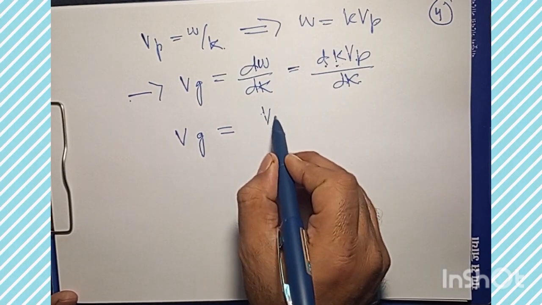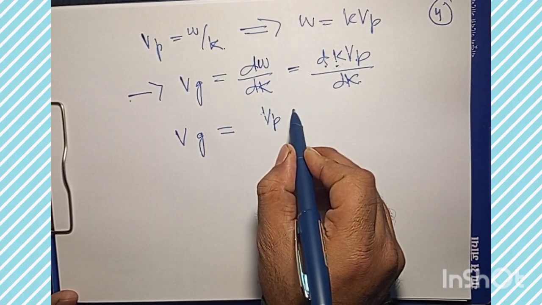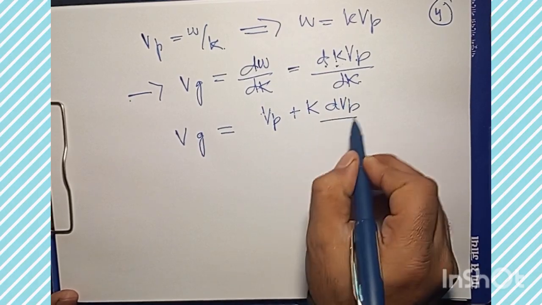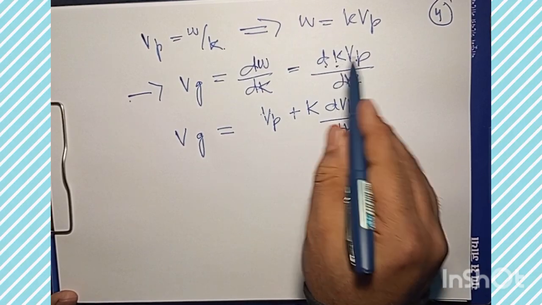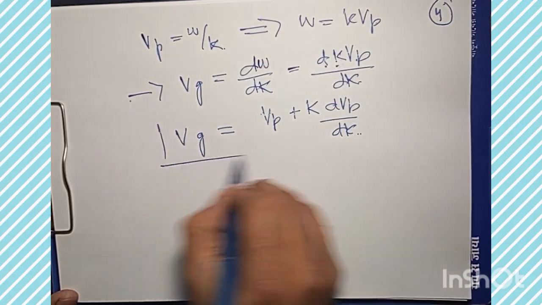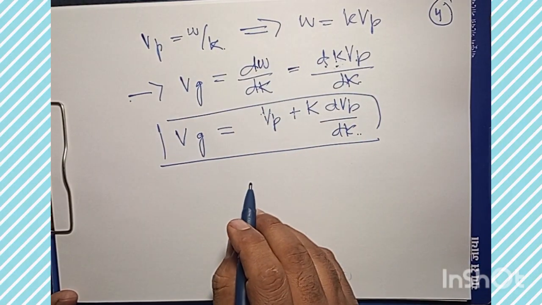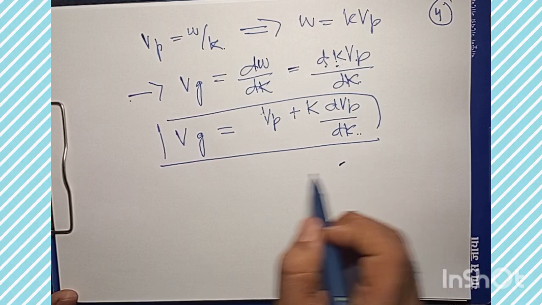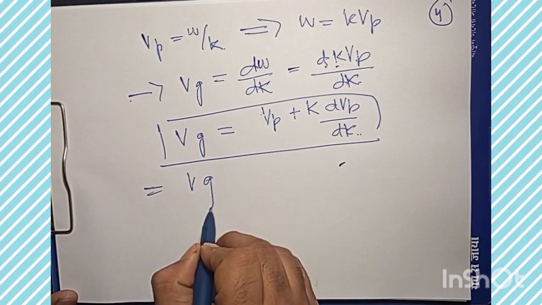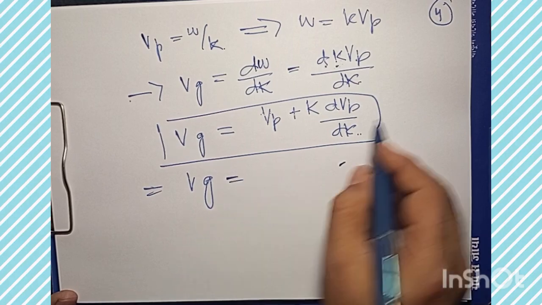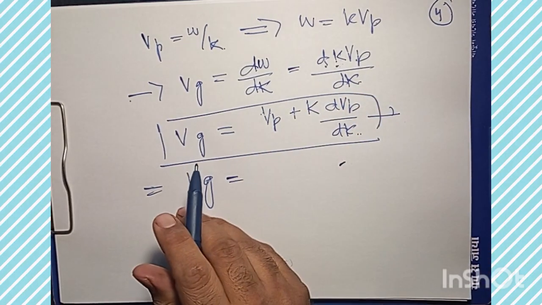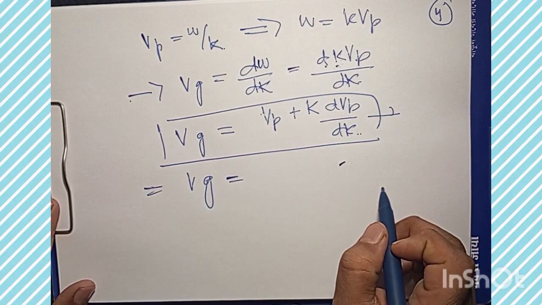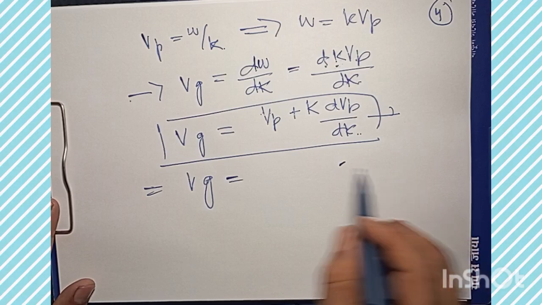This we can obtain as vp plus k dvp by dk, using the UV rule for k and vp. So this is it, and this group velocity has already been evaluated in the previous case in terms of the phase velocity.